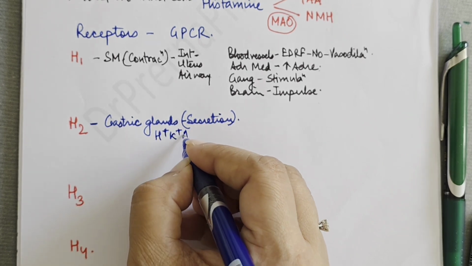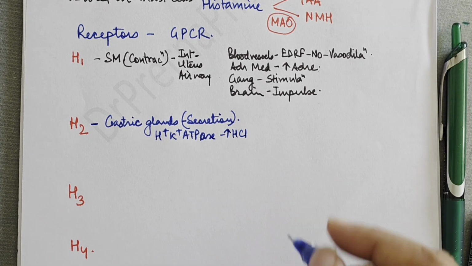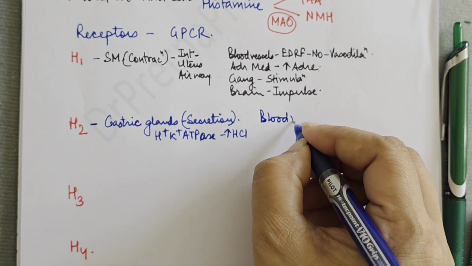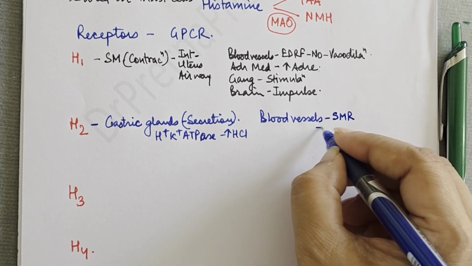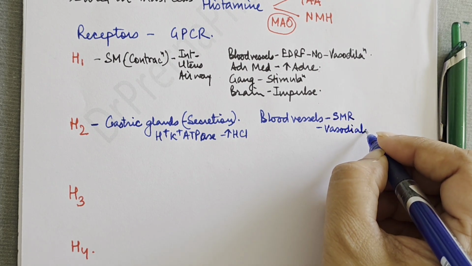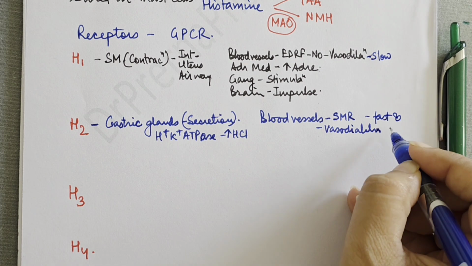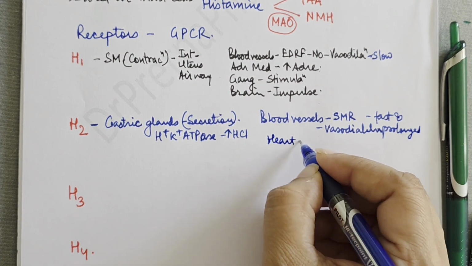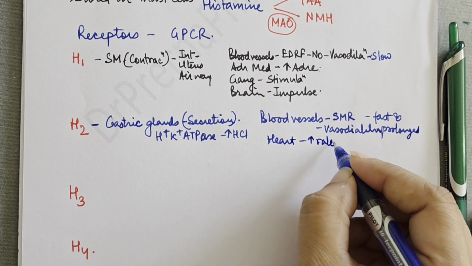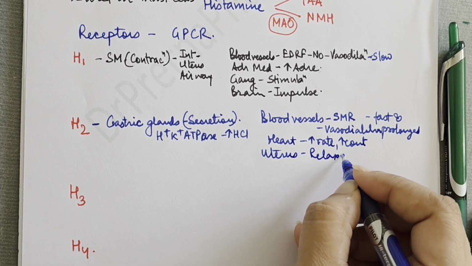It basically increases the activity of hydrogen potassium ATPase enzyme and causes increased HCl, increased acid secretion. Then blood vessels पे it causes smooth muscle relaxation and that causes vasodilation. So this vasodilatation is slow and this is fast and prolonged. Okay, then heart पे it increases the heart rate, increases the rate of contraction, increases the contractility. Uterus पे it causes relaxation.